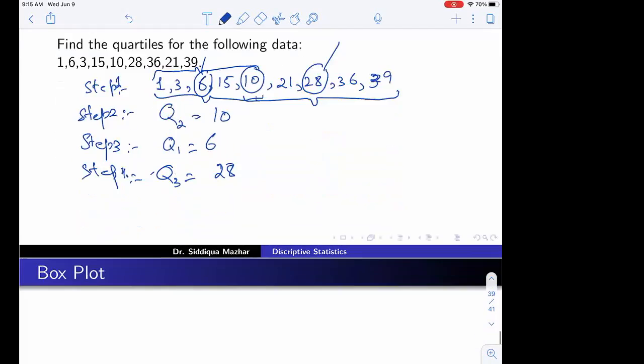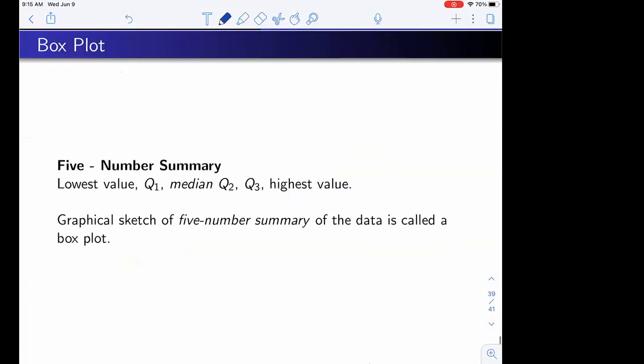Okay, so Q1, Q2, and Q3 are important for us because you can also see them in graphical form, the box plot. This is the graphical summary; it gives you the graphical sketch of the 5-number summary.